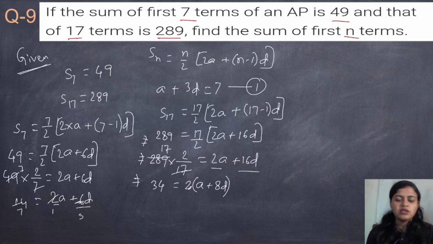Cancelling 2, 17 equals a plus 8d. This is equation number 2.